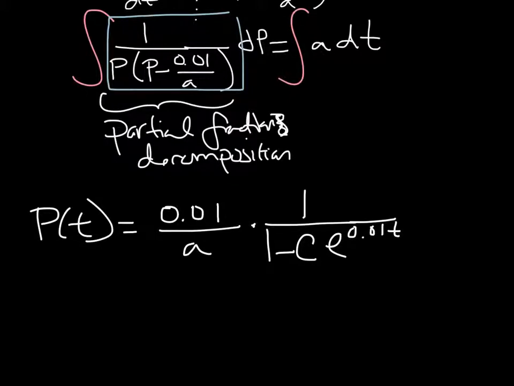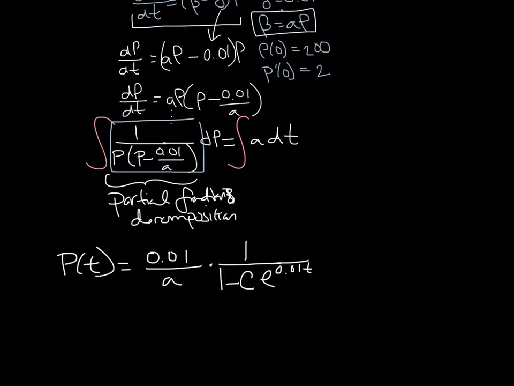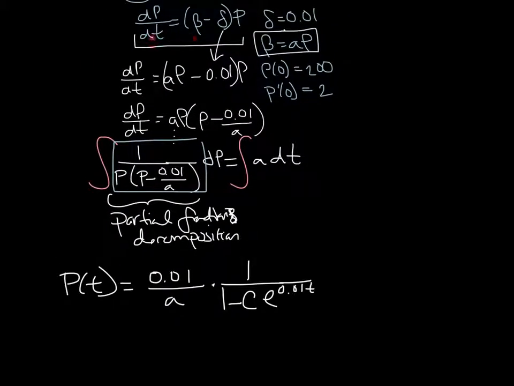In order to find that information, we need to know what A is, and we need to know what C is. So we have this model, but we need to know what A and C are. So we're going to use our differential equation, right, given above. Actually, well, this one specifically, or even this one. So I'm going to use this one.